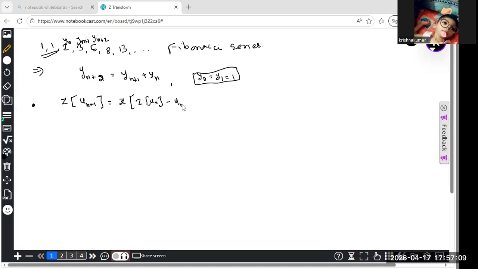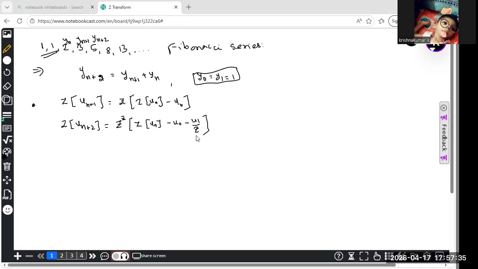Similarly, the Z transform of u(n+2) is equal to z square into the Z transform of u(n) minus u0 minus u1 divided by z. So these are all the formulas.